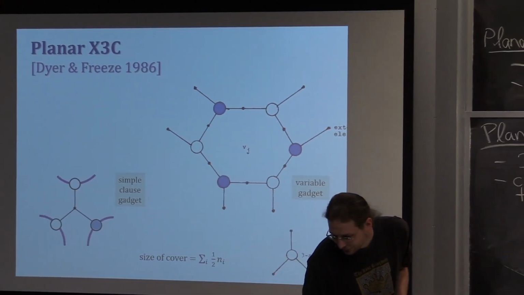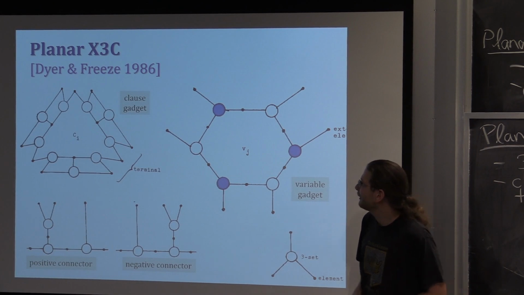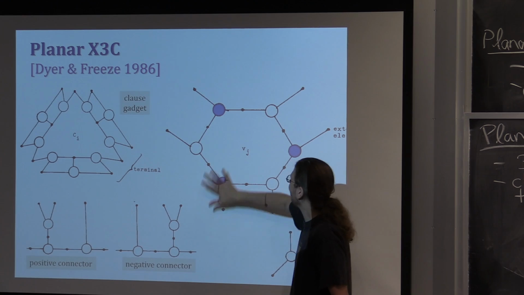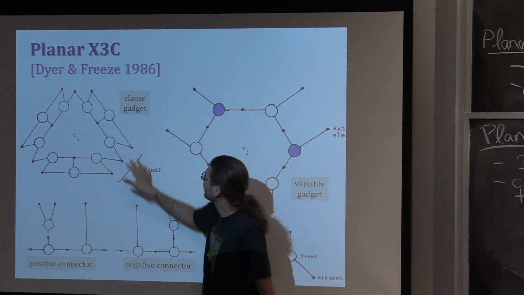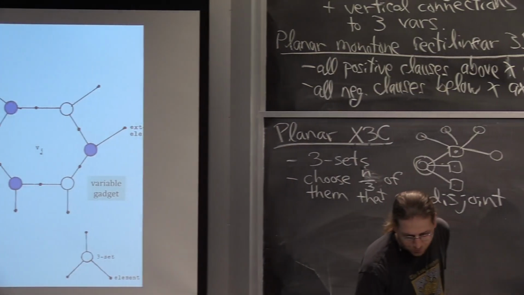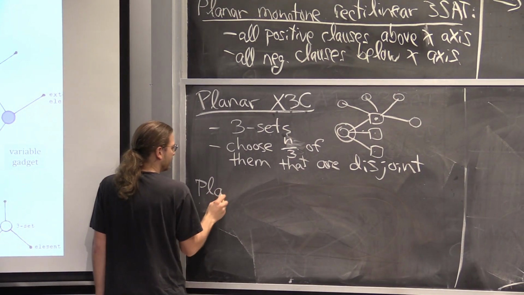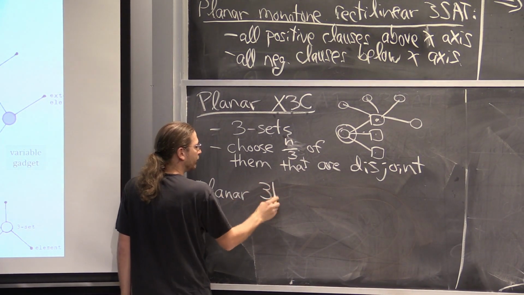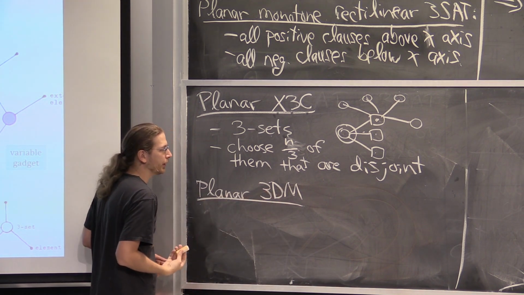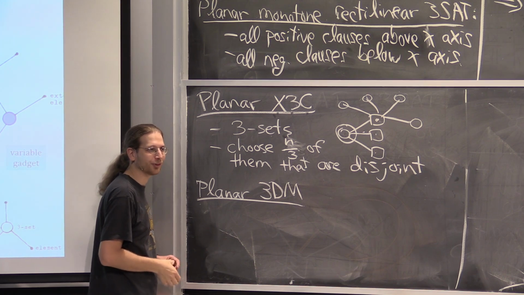So they end up using, I think I will just show you for fun, a more complicated clause and a more complicated way to connect these things into the clause because they want to prove another problem hard, which is planar 3-dimensional matching. This was another problem, 3-dimensional matching was a generalization of numerical 3-dimensional matching, which was closely related to 3 partition.